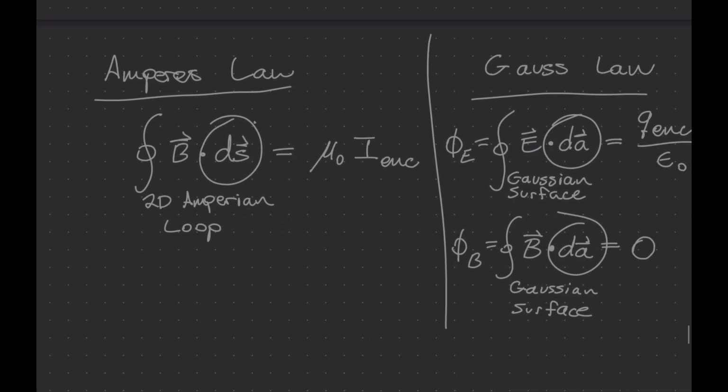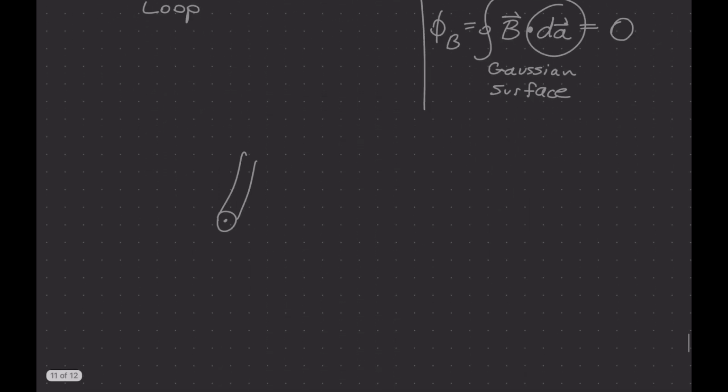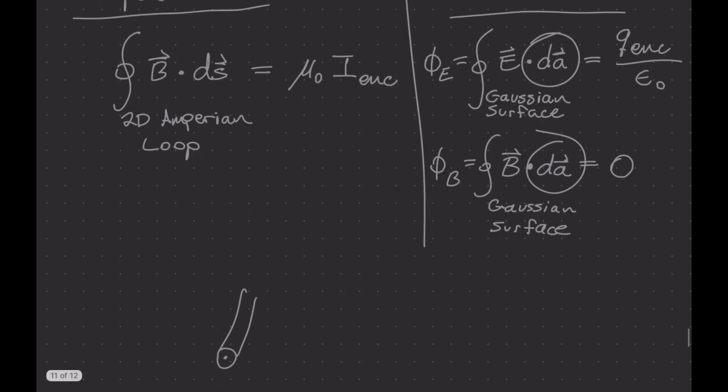How do you use Ampere's law? Well, it's very similar to how you used Gauss's law back in the day. Let's start with a quick wire example like this. We know that the wire has a current and creates a magnetic field.